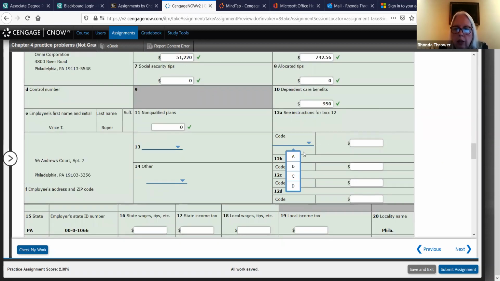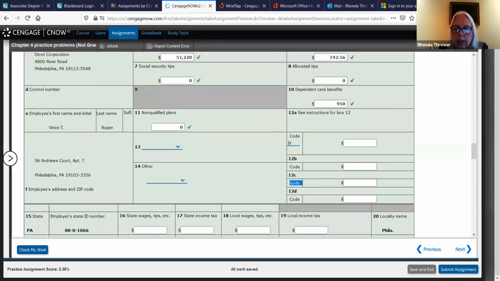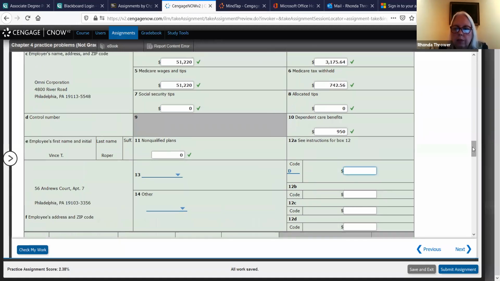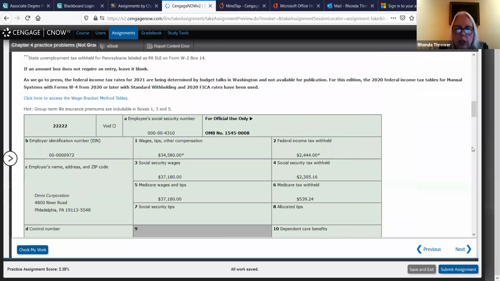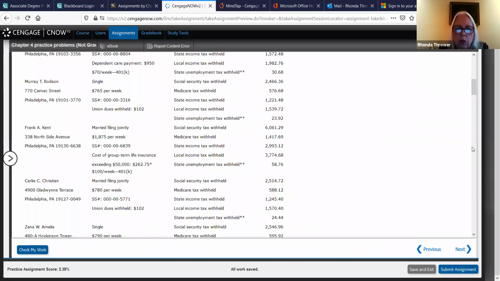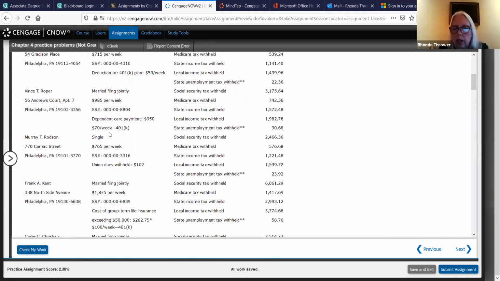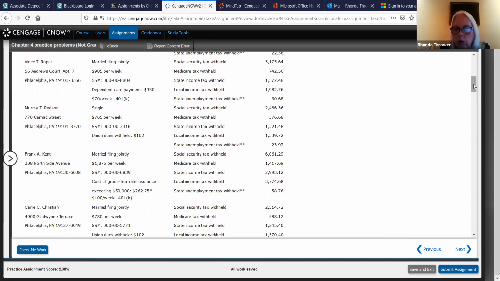You've got a drop down list here. We select D. And the amount of the 401k for this employee was $70 that they were taking out for the 401k plan. You multiply that by 52 weeks in the year, and that will give you 3,640.